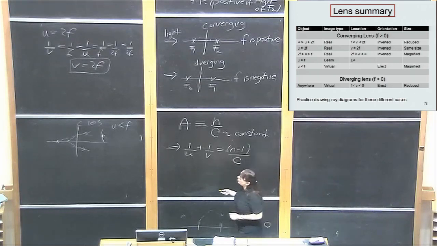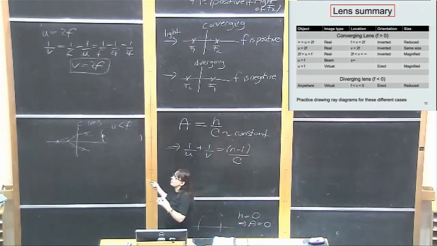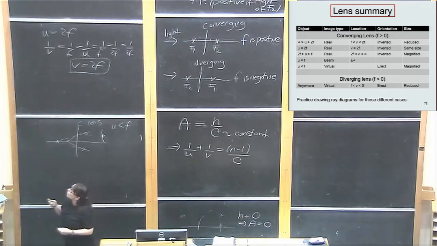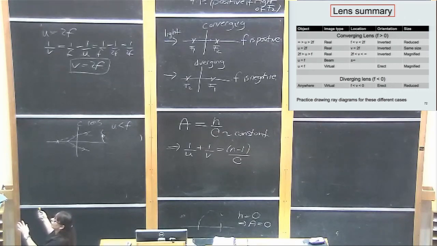Converging lenses are more complicated because what kind of image they produce depends on exactly where you put the object. We can have a real image if we put our object further away than the focal length. If we put our object at the focal length, we get a parallel beam of light out.